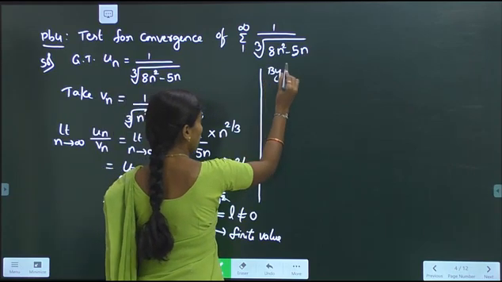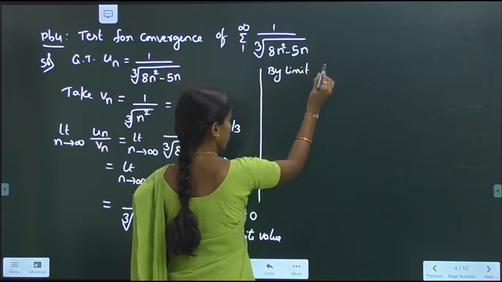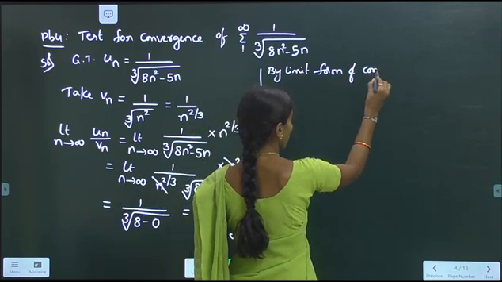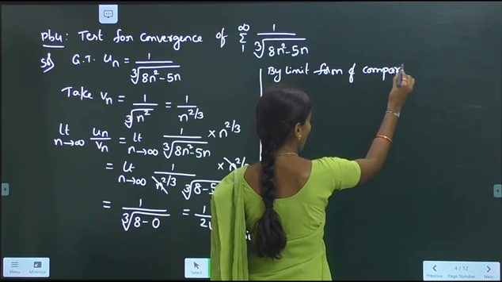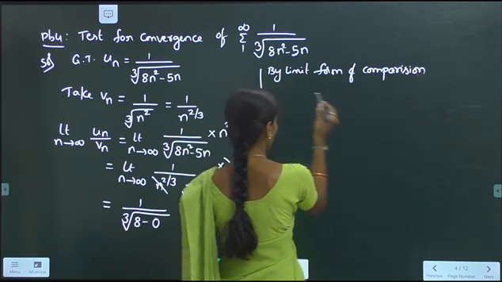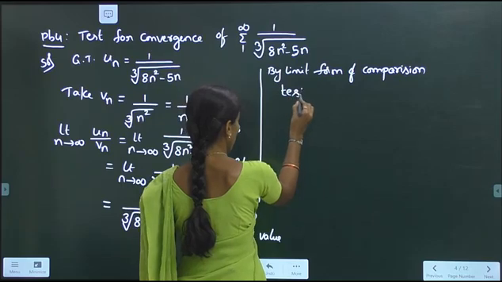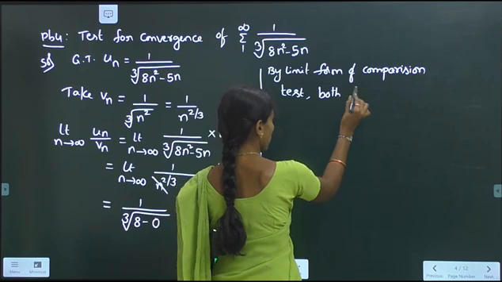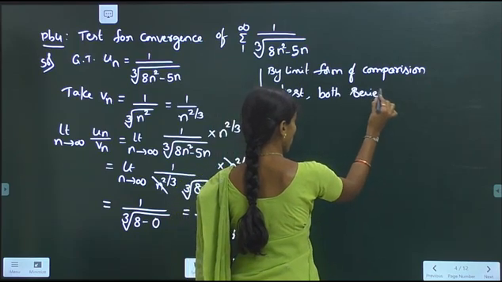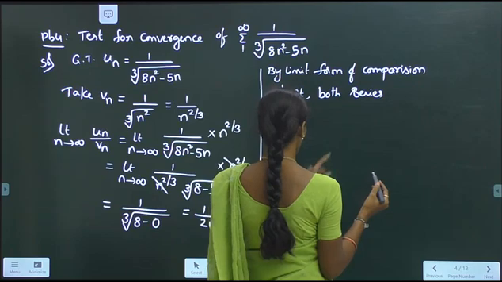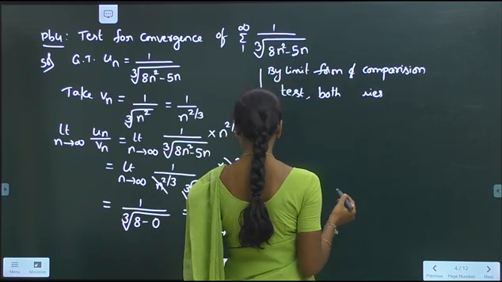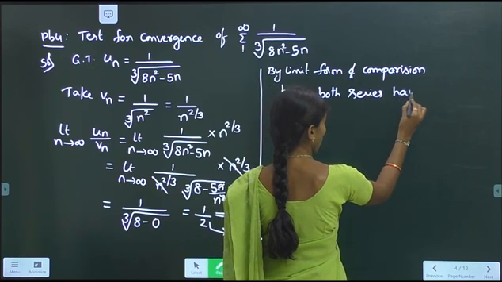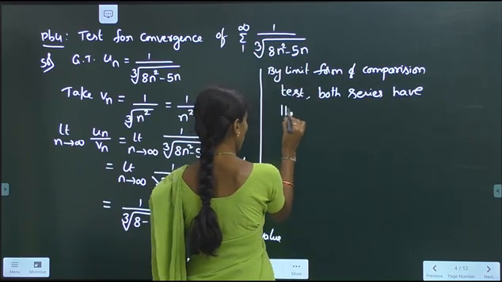So by the limit form of comparison test, both series have the same nature.